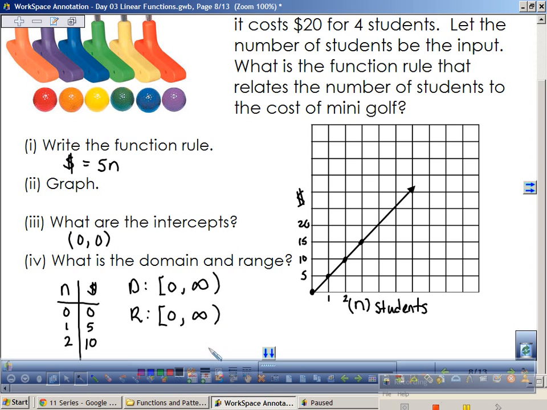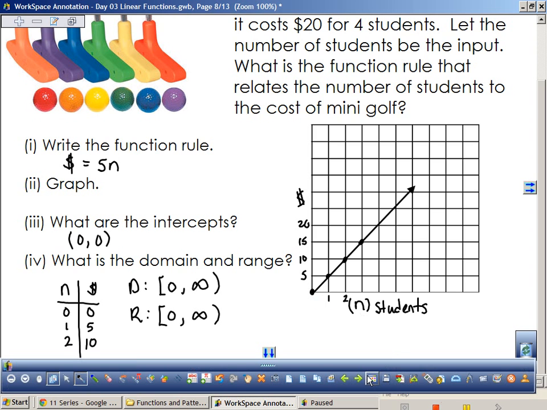Unless it's indoor, it was a hurricane. Nobody went. Nobody. Right? No, it starts at 0. Right? Got it? But what if it didn't?